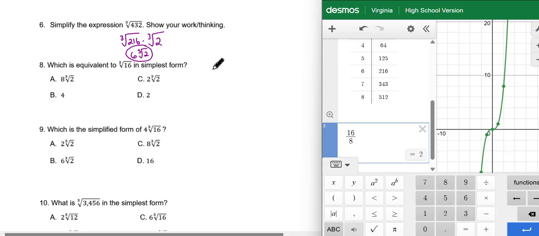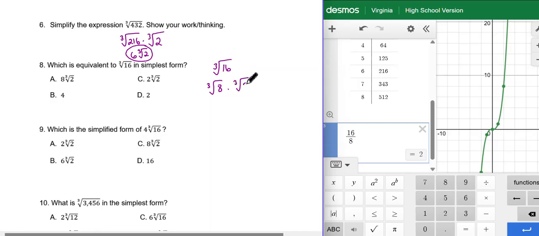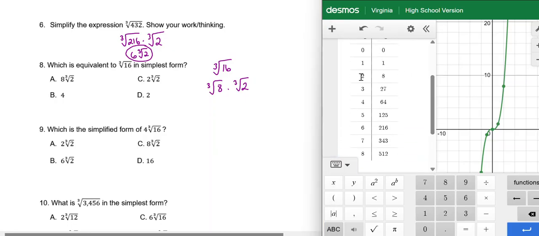So what that means is cube root of 16 is the same thing as cube root of 8 times cube root of 2. Cube root of 8 is 2, right? So 2 cube root of 2 is my answer.